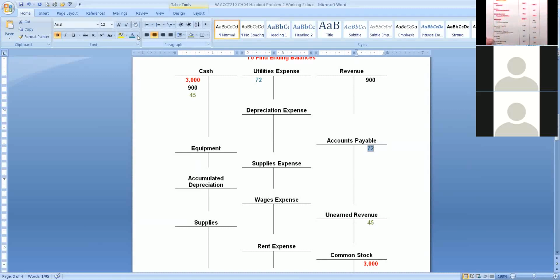Equipment 3750. Let's make that, how about orange? That's probably hard to see. A little bit darker orange. All right. So equipment is 3750.